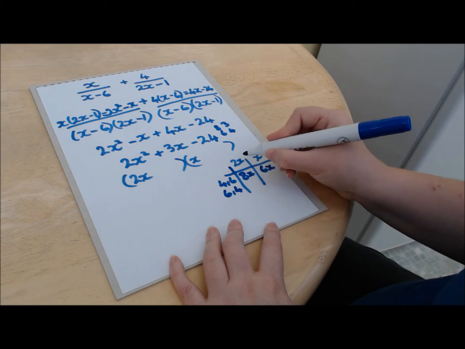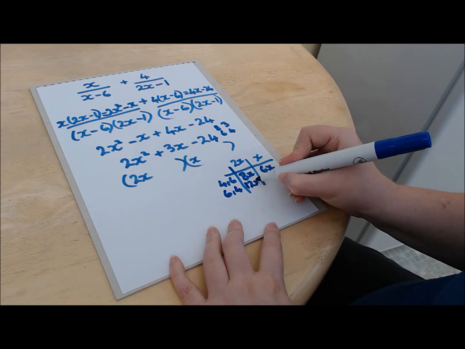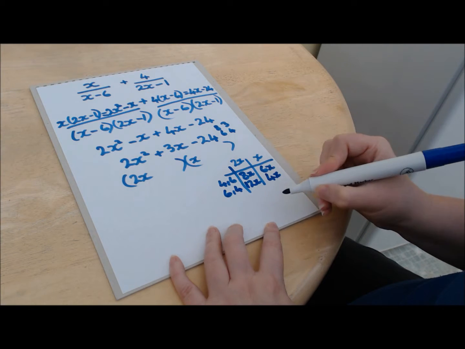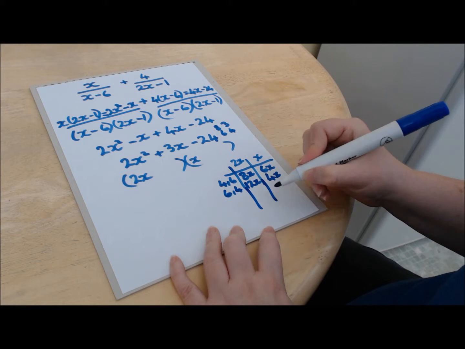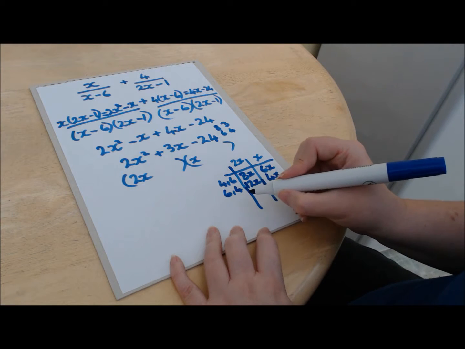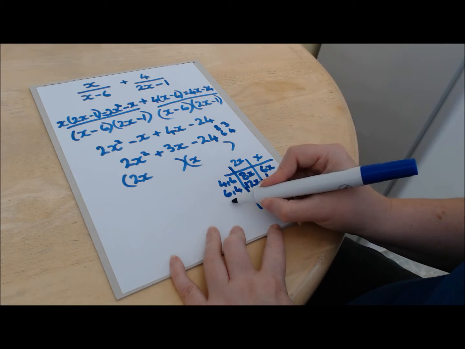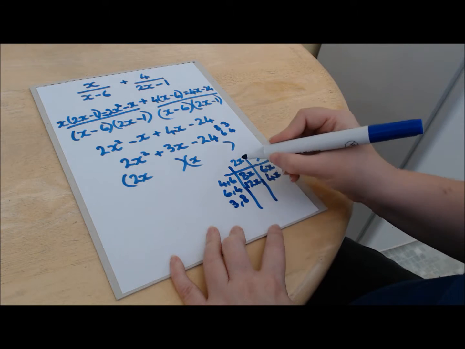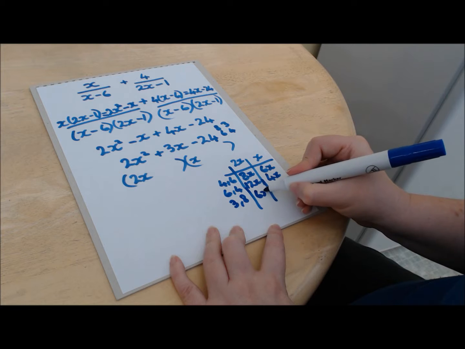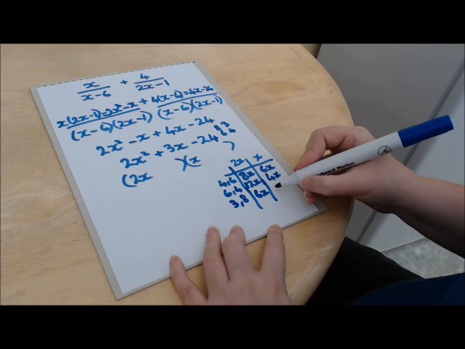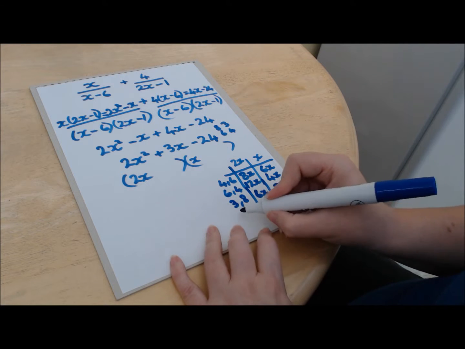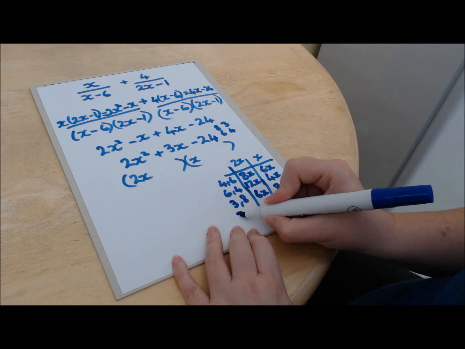So 6 2s are 12x, and 4x, no, so that is definitely not going to work. So let's try the 8 and the 3. So again, I'm going to try the 3 and the 8 this way round. So 3 2s are 6x, and 8 times x is 8x. I'll try it the other way round.